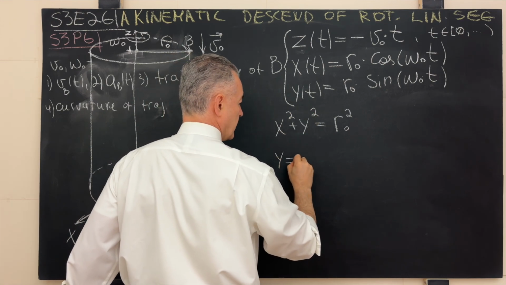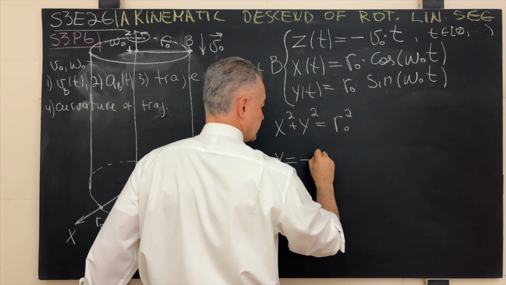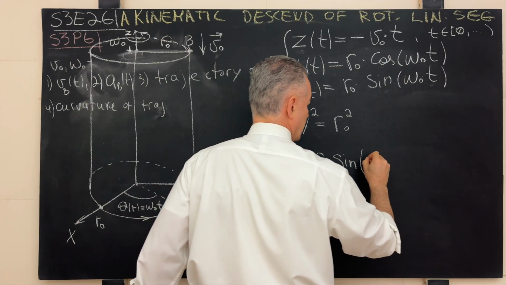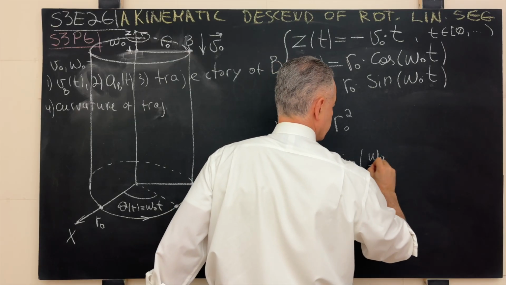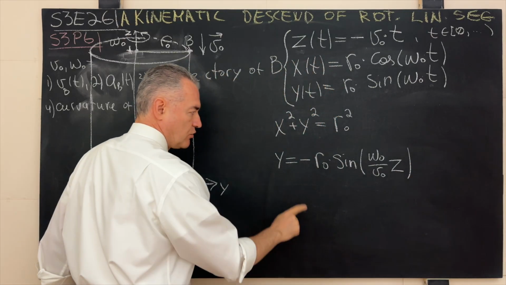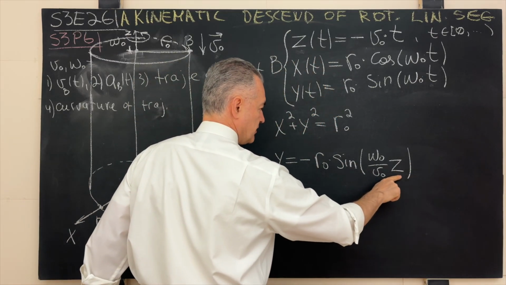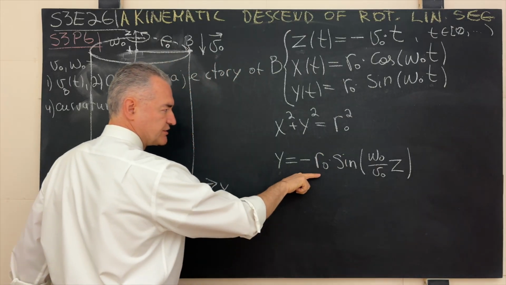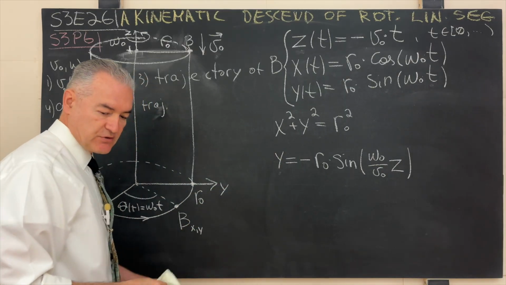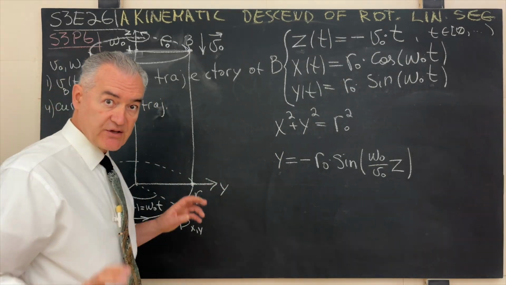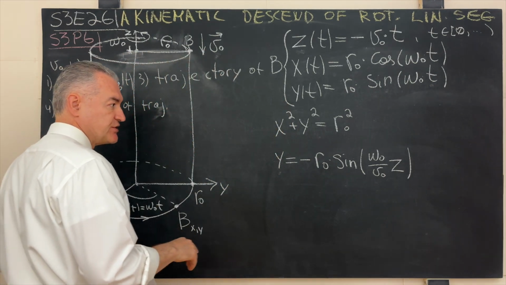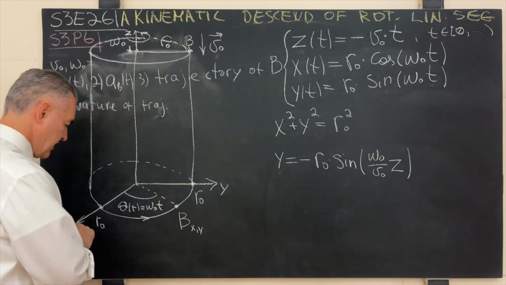Without time, it will be y equal to minus r0 times sine of omega 0 over v0 z. You see over here y, z, x is excluded, and what is this animal? Again, the minus sign or the plus sign is irrelevant. What we have over here is another cylindrical surface whose generatrices are parallel to the x-axis.